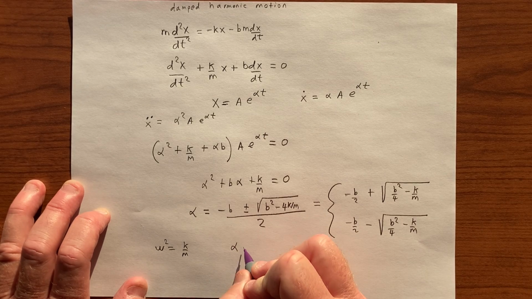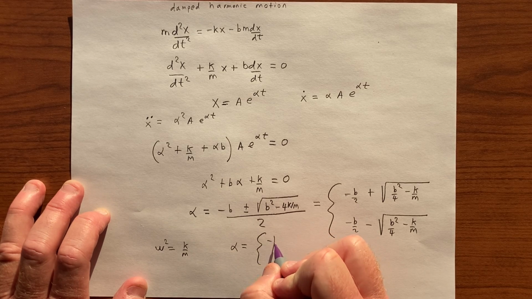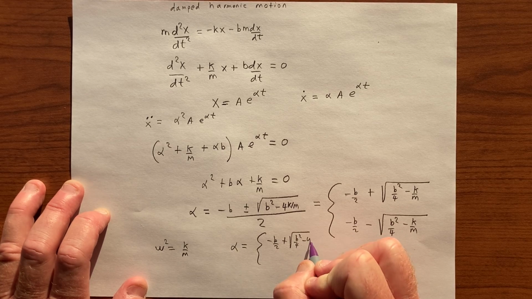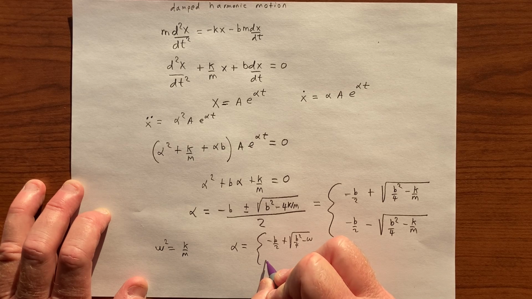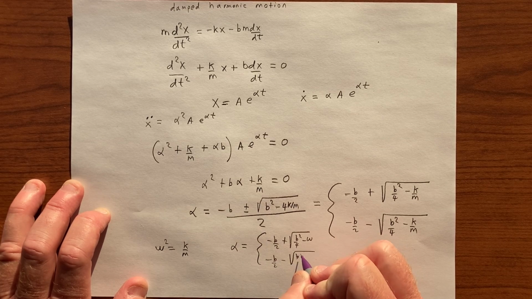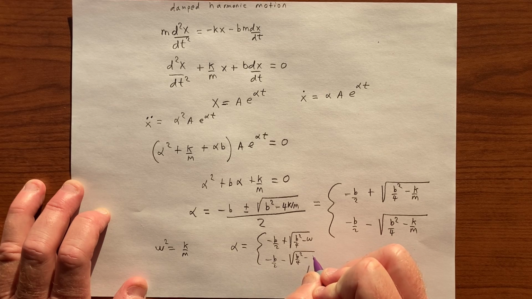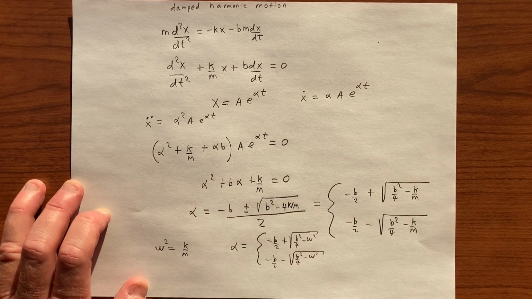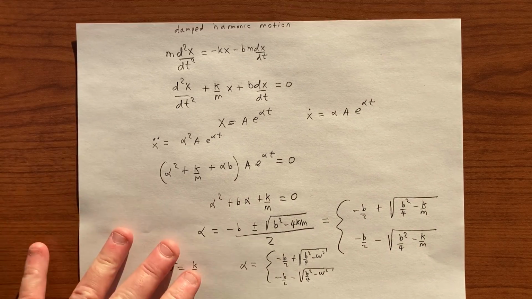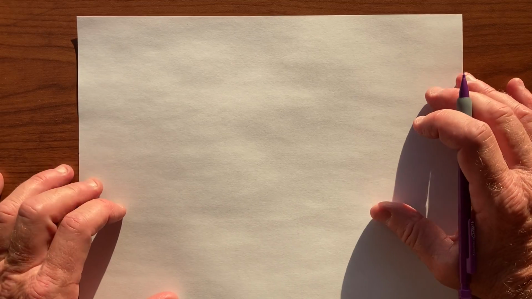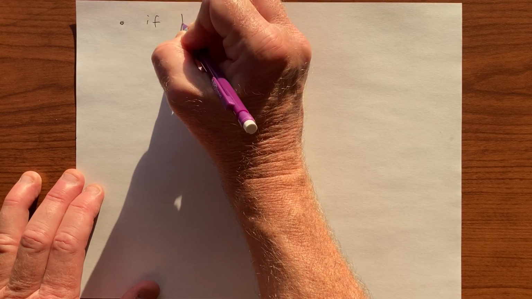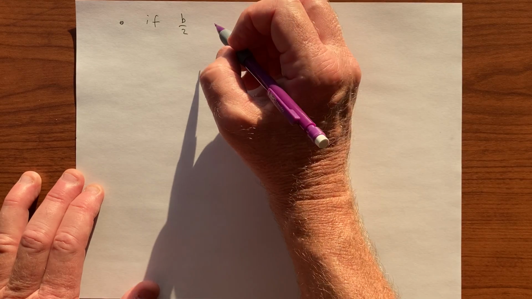And so we can say that alpha is minus b over 2 plus or minus the square root of b squared over 4 minus omega squared, where omega is the angular frequency for the spring. Looks like that.